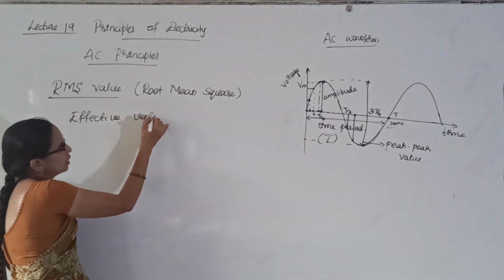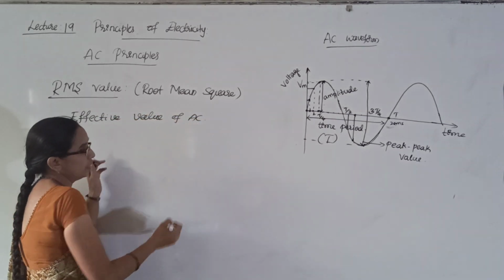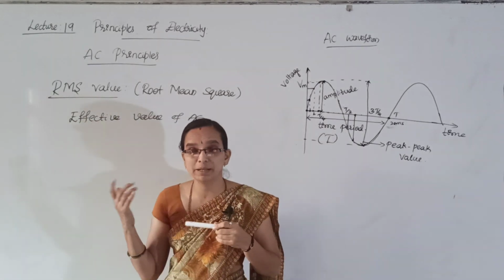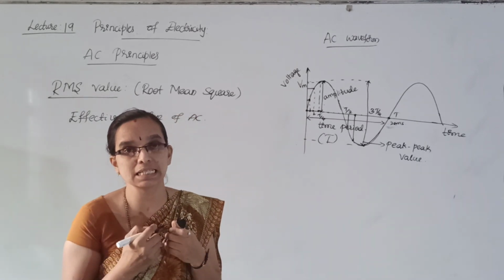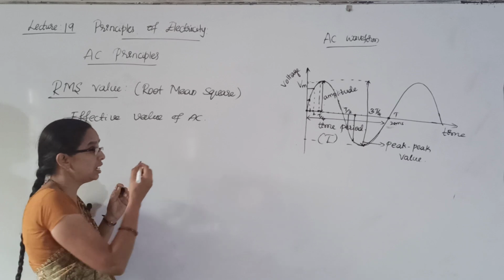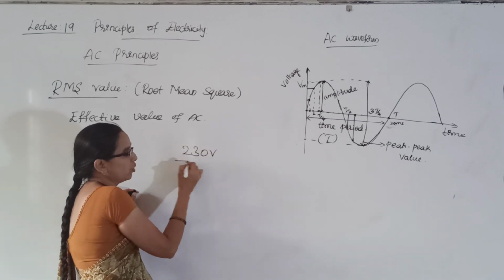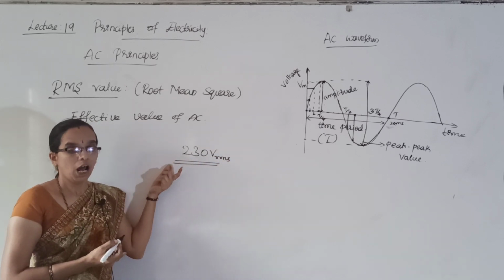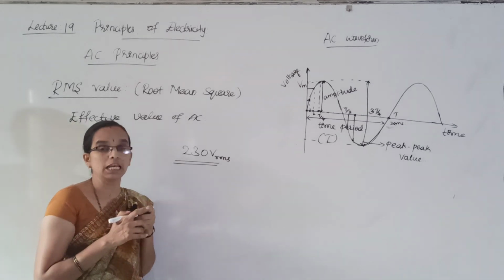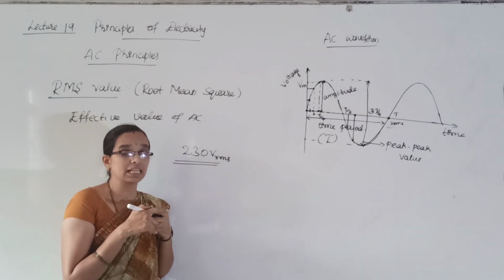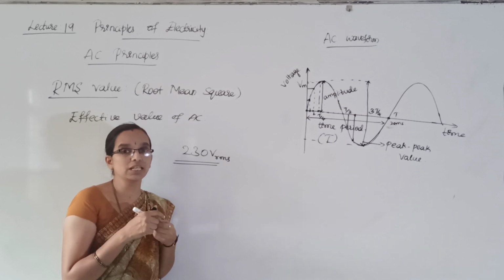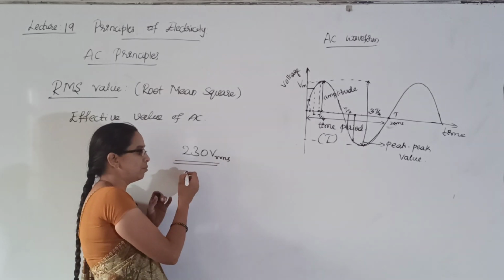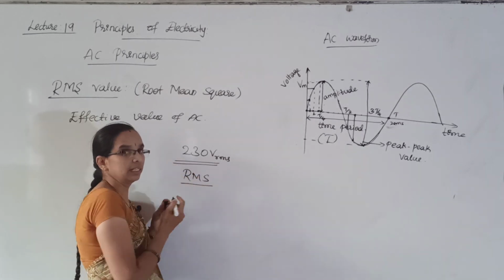It is very important because the supply current supplied by the electrical company to our home appliances, everything for domestic use, that is 230 volts, is the VRMS, the RMS value. Also, AC ammeters and voltmeters, the measuring instruments for AC current and voltage respectively, give us the RMS values of the AC voltage or current.